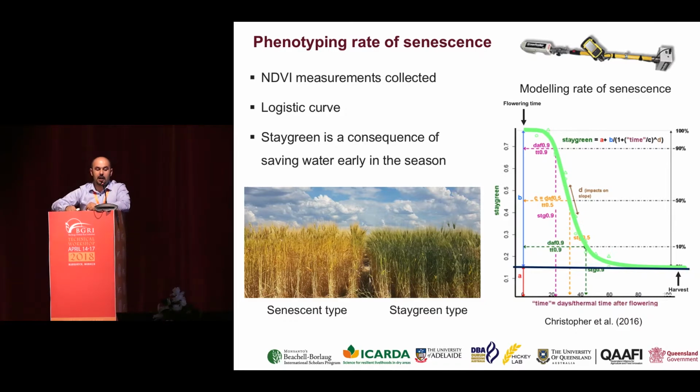Using the weekly NDVI measurements that I collected from flowering time until full maturity, I was able to fit a logistic curve for each plot. From this curve, which we refer to as the senescence curve, we can extract many stay-green traits, such as the area under the curve, the number of days from flowering until 10, 50, and 90% of senescence, and also the rate of senescence.